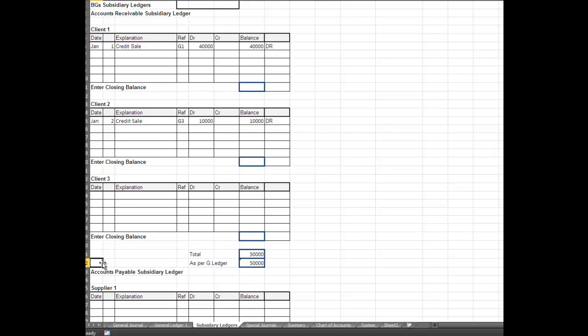The general ledger account of accounts receivable is the control account to the subsidiary ledgers of accounts receivable. So we can see where these things are probably correct. Well, they're not incorrect. So what has that told us? The balance as per the general ledger is $50,000, and that agrees with the total of the individual accounts. Righto, that's 26.5 minutes. Let's call that a stop, and we'll come back and look at the next part.